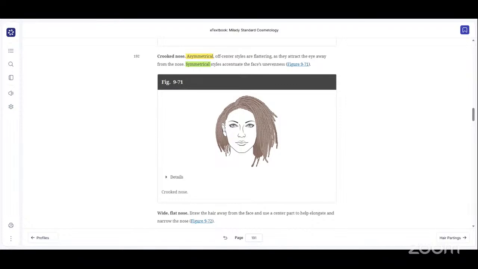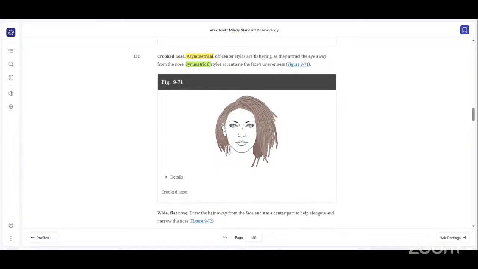Okay. When you have a bob that's even all the way around, that's symmetric. When you have a bob that's asymmetric, it's longer on one side and shorter on the other side. Okay. So they say for a crooked nose, go for asymmetric, something that is off center. These styles are flattering as they attract the eye away from the nose.